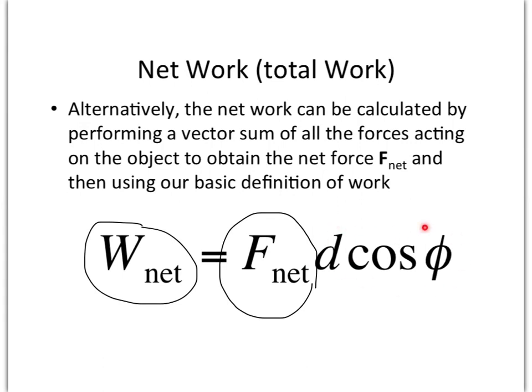So really, if you can find the net force on a system and the displacement and the cosine, that will give you the net work. So you don't necessarily need to find all those individual works if you can just find the net force caused by the individual forces. Multiply that by d and cosine of phi, and it'll give you the net work on a system.